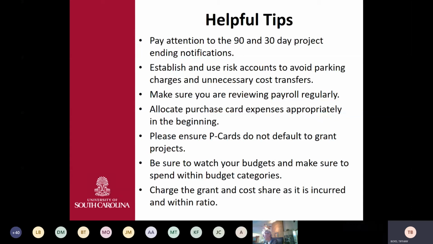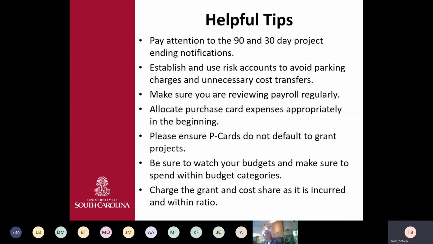And then last but not least, make sure you're charging your grant and cost share as it's incurred and within ratio. This is another area that, when it comes time for invoicing as well as financial reporting, causes a lot of issues and a lot of questions to be asked, and potentially can lead down the road to write-offs that can be pushed to department e-funds because the sponsor is rejecting and refusing payment because we haven't cost shared appropriately and within ratio with what we spent on the grant.